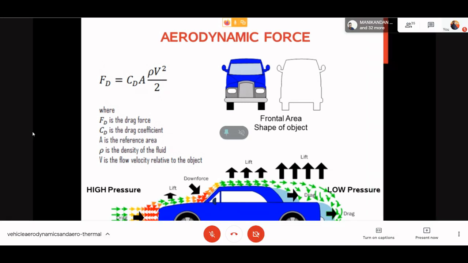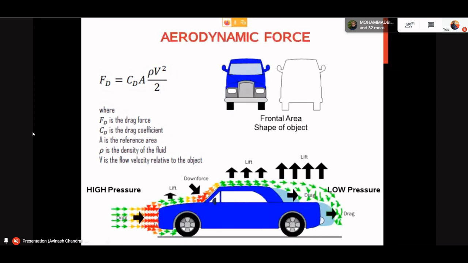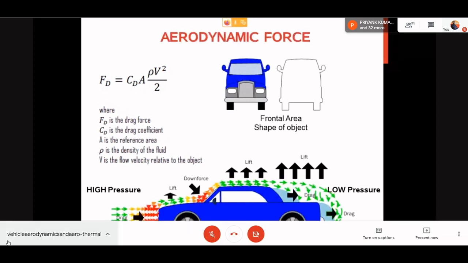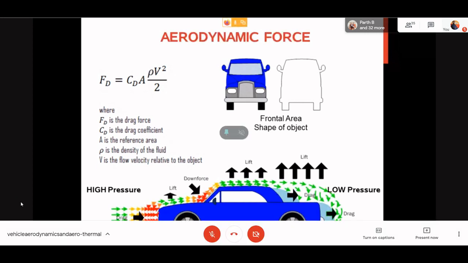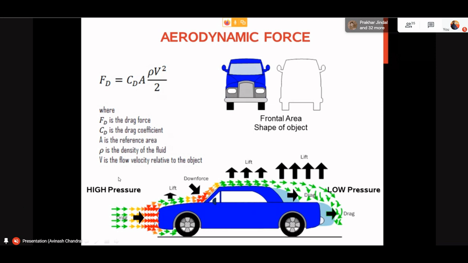The fluid particles in the middle will stop, and they will try to stop the car. This pressure is called stagnation pressure, where the fluid velocity, when it interacts with the body, comes to zero. That's called stagnation pressure.